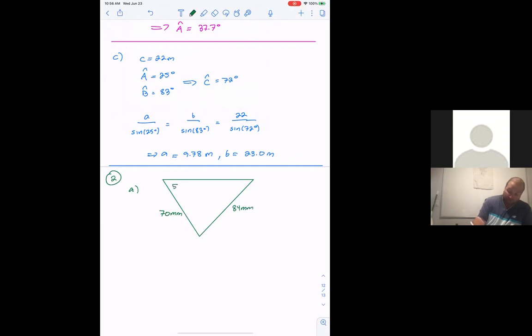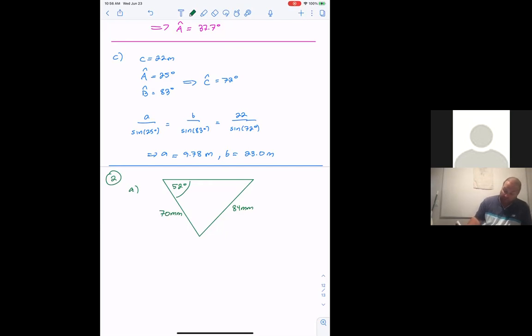And they have the angle opposite the 84 millimeters. It says use the given information to find all sides and angles in each triangle. So in this case, we actually have a choice. We get to use the law of cosines because we have two sides and something else. And we get to use the law of sines because we have an angle side pair and something else. Personally, I think the law of sines is a little bit easier, so we're going to use that one.